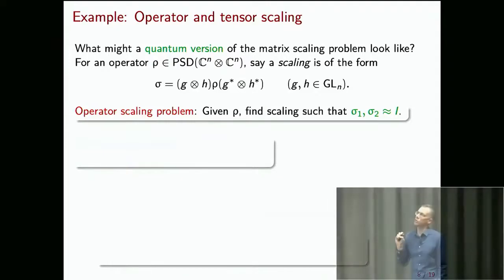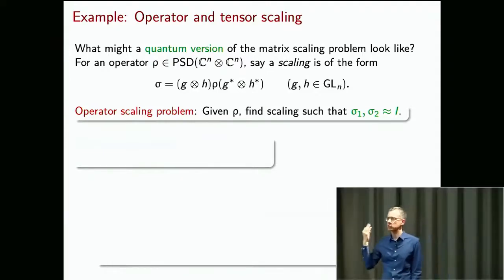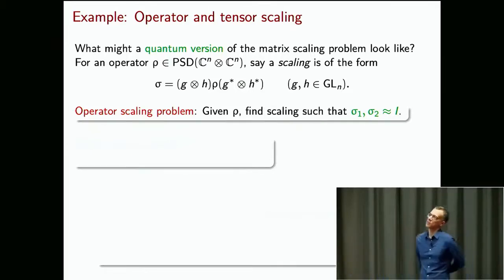If you don't know quantum so well, you can just imagine that we take a quantum probability distribution and we scale its rows and its columns. That's what we do. And we can define a problem that's known as the operator scaling problem. It asks us, can we find such scalings such that afterwards the quantum row sums and the quantum column sums are uniform? That's what we're asking here. And in fact, one can generalize this problem. It's very interesting to do so.